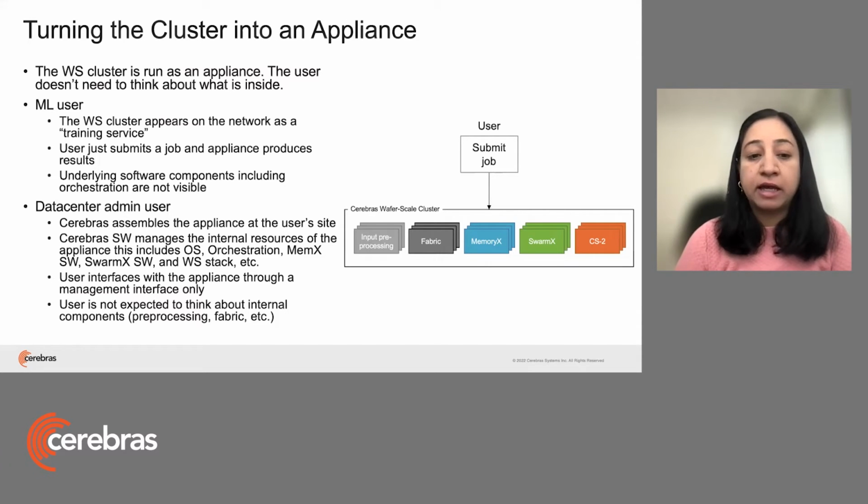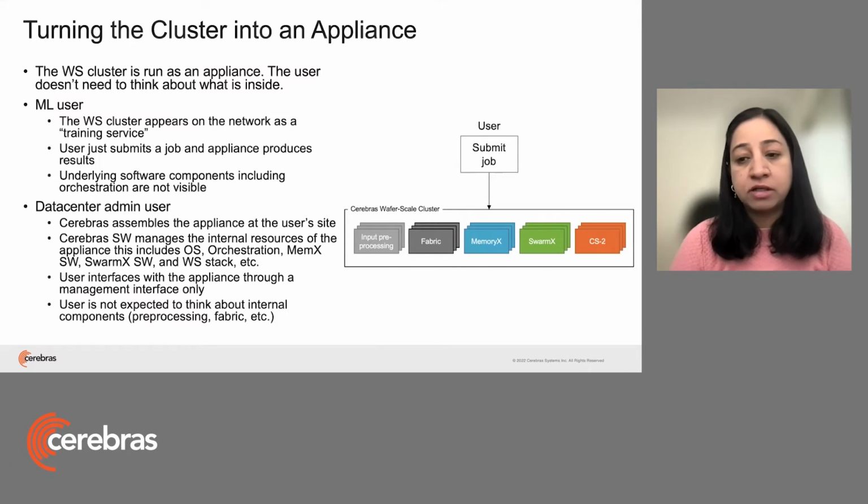But all of that is managed through the internal resources, and neither the sysadmin nor the ML user needs to worry about any of this software. The user interface with the appliance will be managed through an API, a Python interface, and the user is not expected to think about any of these internal components.